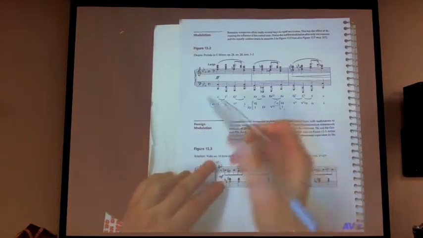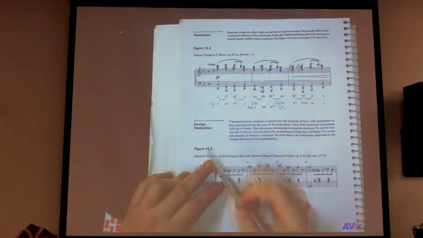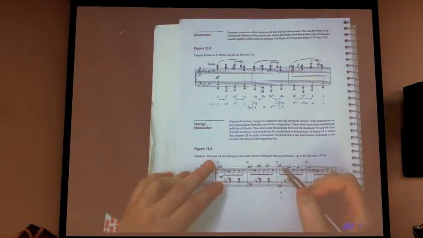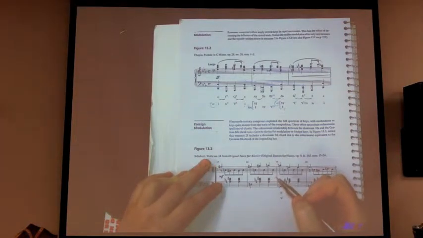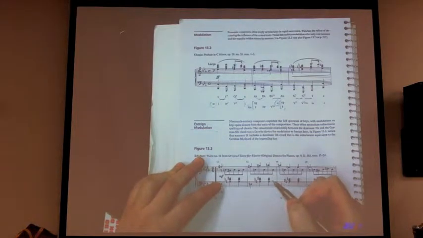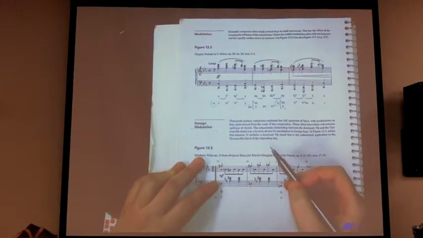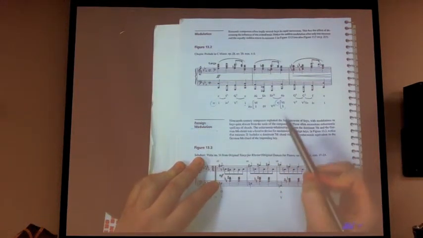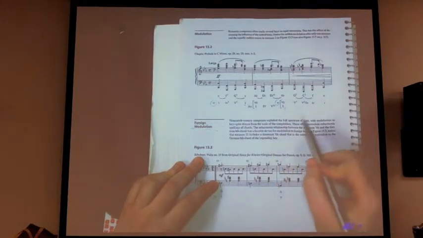Also, foreign key modulation. Composers prior to this always modulated to neighboring keys. So you can add a sharp or take away a sharp. If you're in the key of D, it's easy to modulate to the key of A or the key of G, or you could go to A minor or one of those neighboring keys. In the 19th century, composers would exploit the full spectrum of keys.